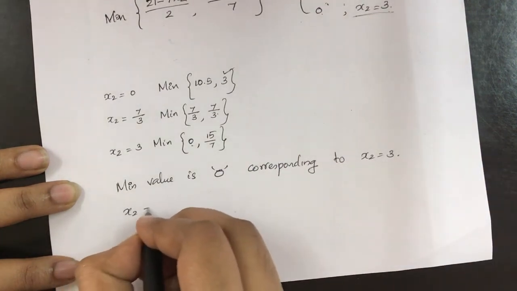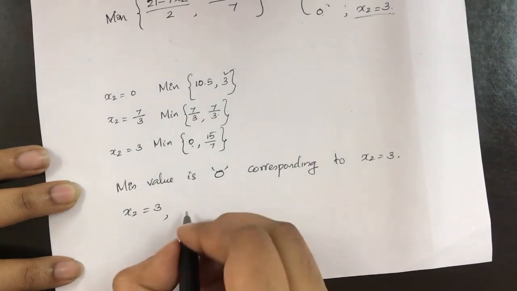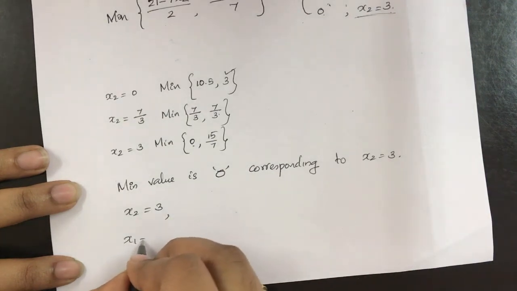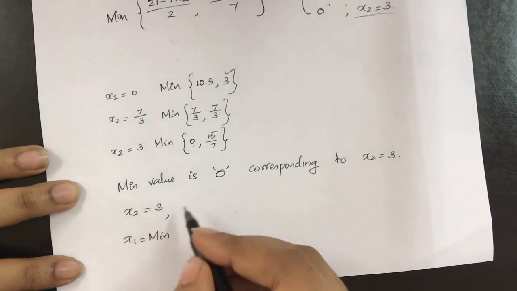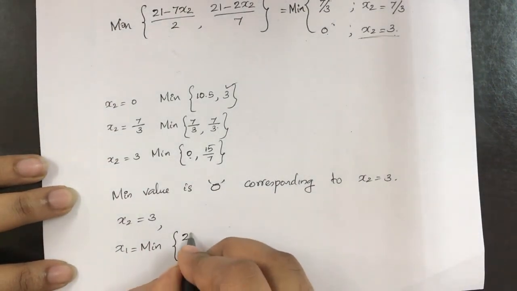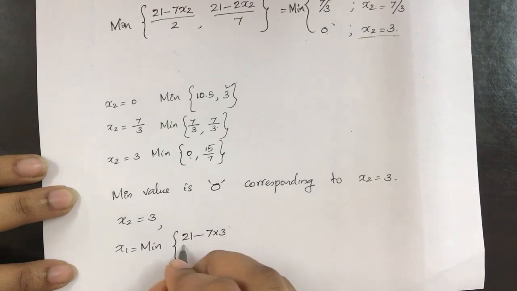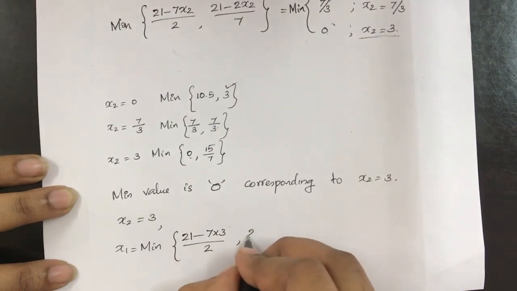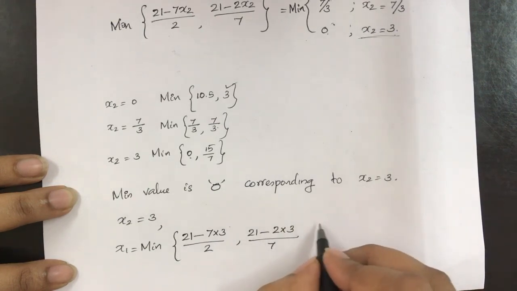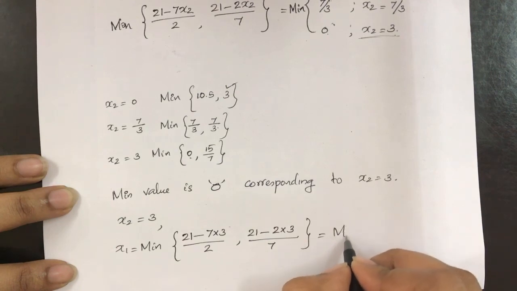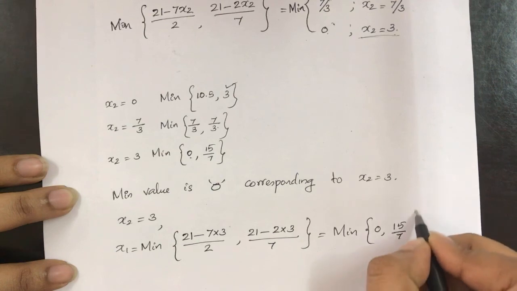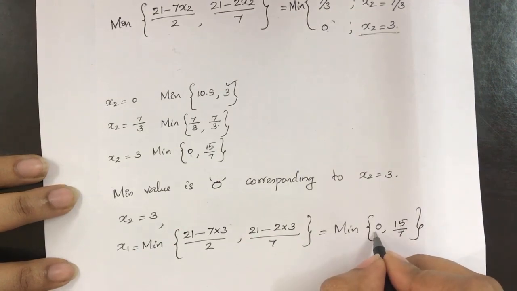So x1 is equal to the minimum of, substituting 3 in this equation, (21 minus 7 into 3) divided by 2 comma (21 minus 2 into 3) divided by 7. That is the minimum of 0 comma 15 by 7, which is the minimum value 0.